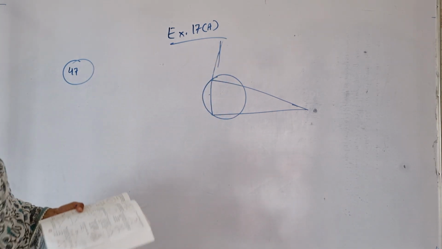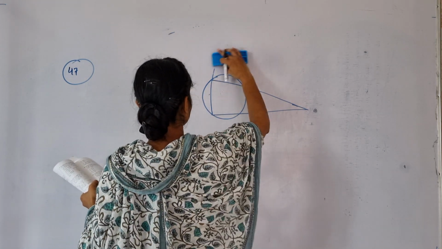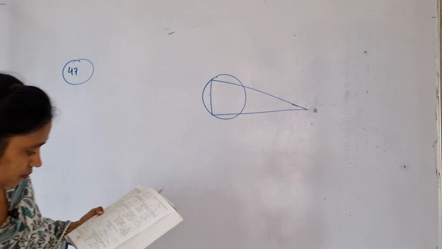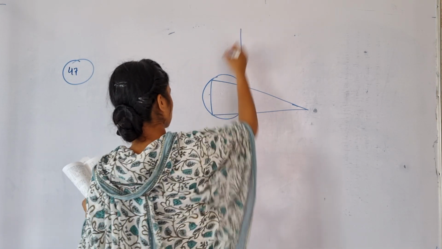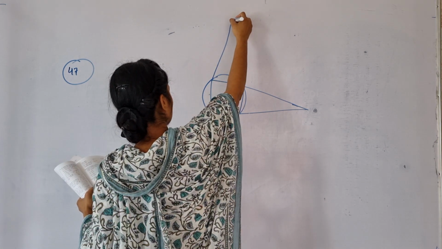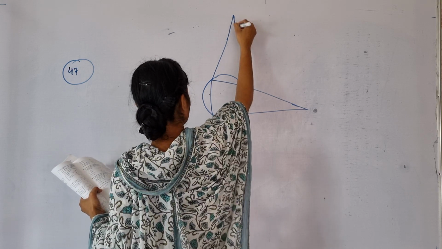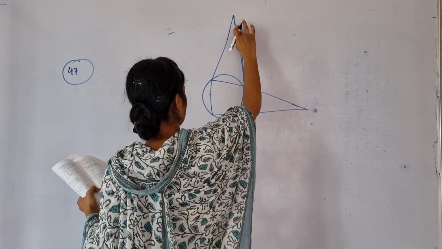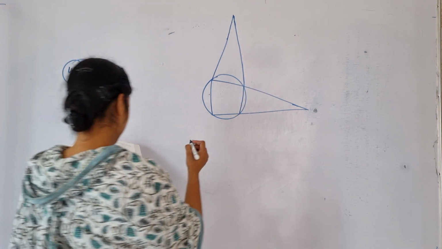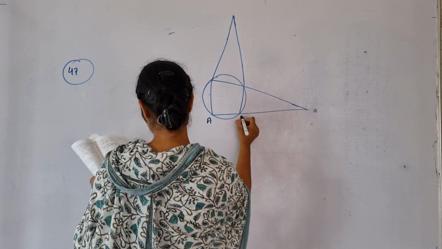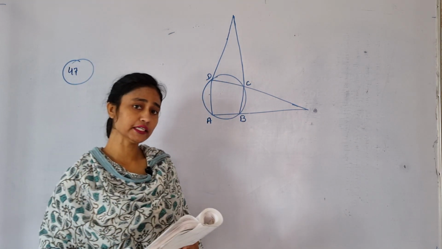And one triangle. This type of triangle is given. Here is A, B, C, D.